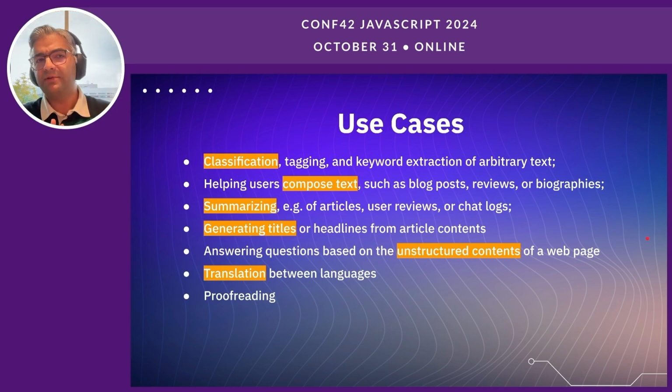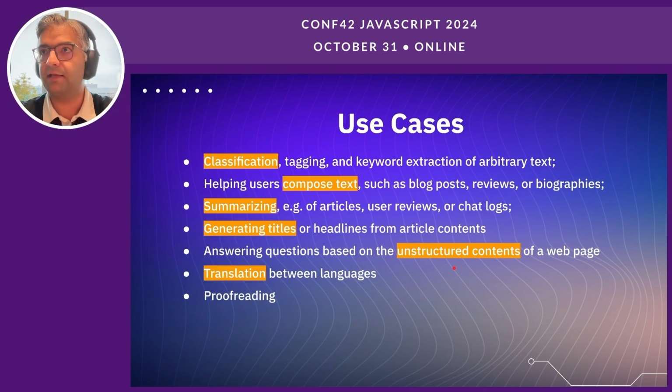So let's see some use cases of this API. For instance, classification, tagging, keyword extraction, helping users compose text, summarization, generating titles and headlines for articles, answering questions based on unstructured data. You know that the data in web pages or PDFs is somehow unstructured. LLMs understand it better than us.